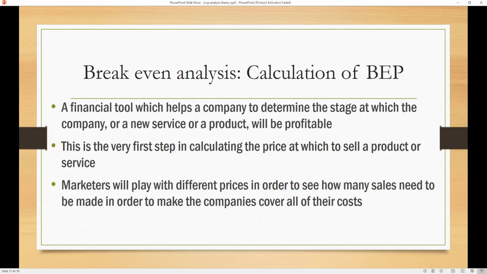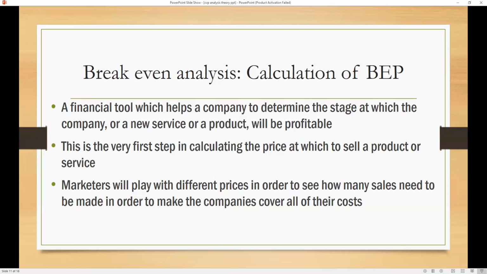With the help of BEP, you try to understand at what level of activity the business would have no profit, no loss. So this is the first step in calculating the price at which a product has to be sold or a service has to be rendered, because your selling price should always be more than the cost price so that you earn a profit.